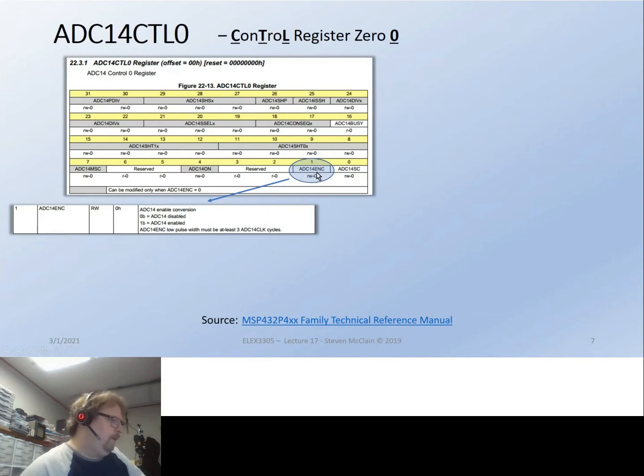And the way I like to think of this one is it's the clutch. So if you make changes, you gotta put the clutch in and shut everything down, make whatever changes you want, and let go of the clutch, and then it'll all start up again, right? So that's what's going on there. That's the enable conversion bit.